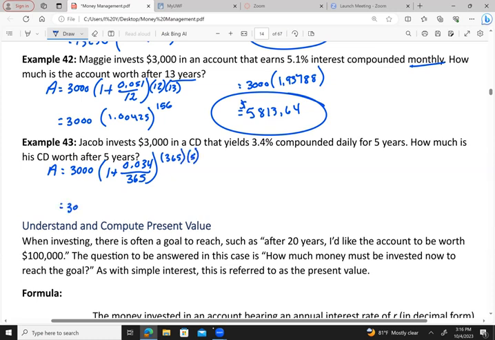So we're going to need to use a lot of decimal places here because it's going to get really small. 0.034 divided by 365, and I have 1.00009315.